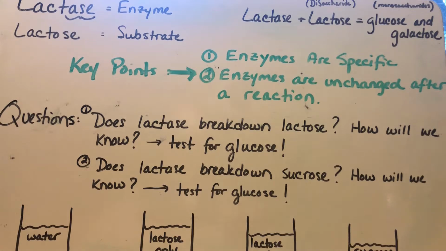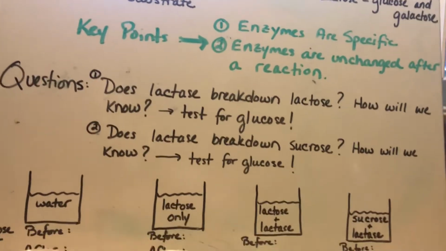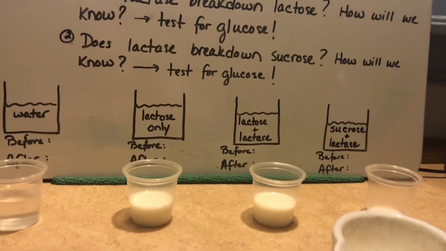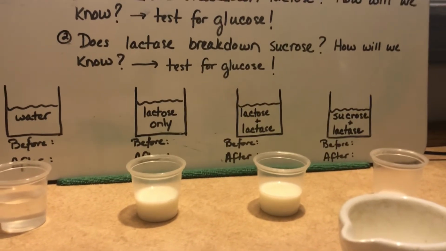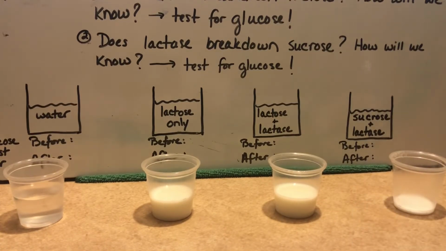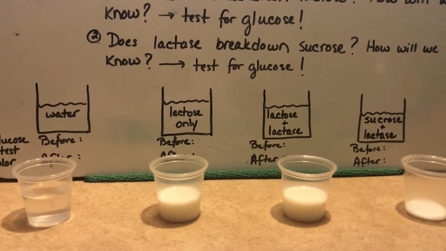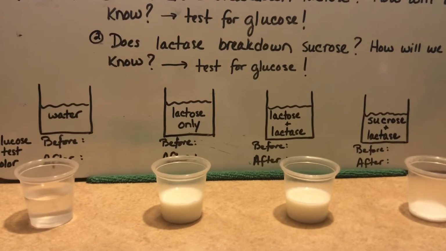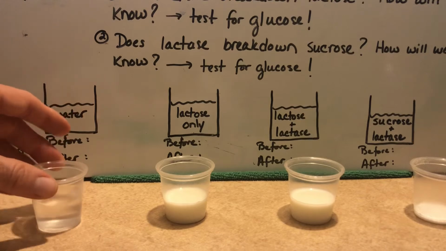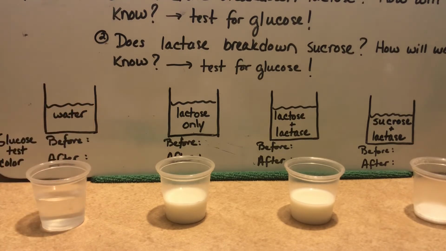All right. So I'm just going to move my camera here so you can see my lab setup. I tried to set up my samples right in front of the beakers or containers that I have drawn down at the bottom. So right here I have my control. That's just a container of water.